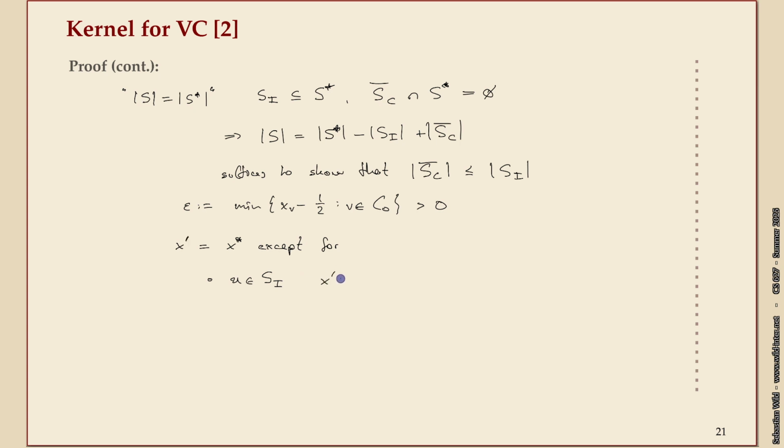We set x prime for that vertex to be the old value plus an epsilon. And for the vertices in SC bar, we subtract the epsilon.